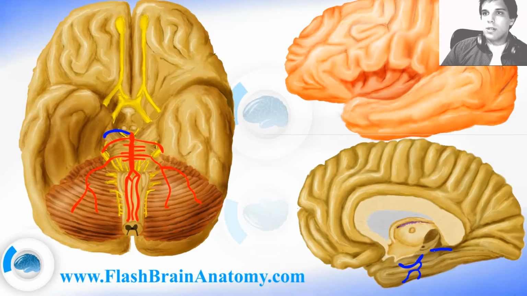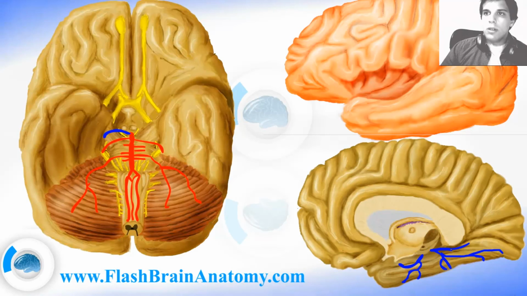Then there is an intermediate temporal branch here, and the posterior temporal branch here. So this was the posterior temporal branch, this is the intermediate temporal branch. And this was the lateral occipital artery, and then this branch over here was the anterior temporal branch.